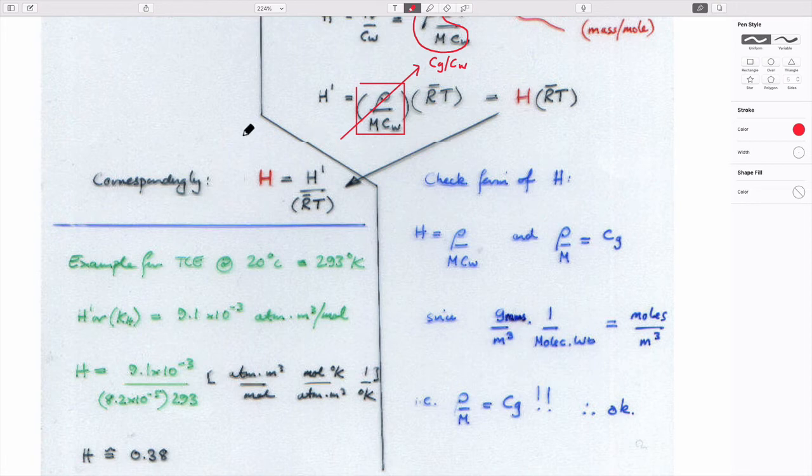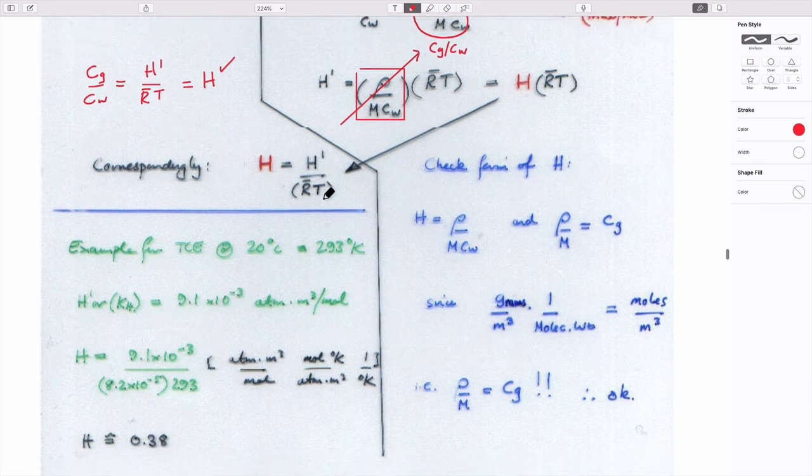And so if we rearrange this, then we end up with concentration in gas over concentration in water is equal to this term divided by RT. And this, by definition, is our definition of H. So this is what we want. And so now if we know what this is and we divide through RT, then we ultimately have it. So it's nothing more than that.